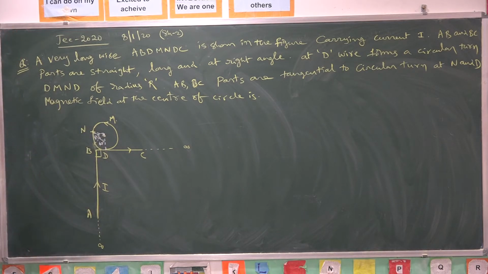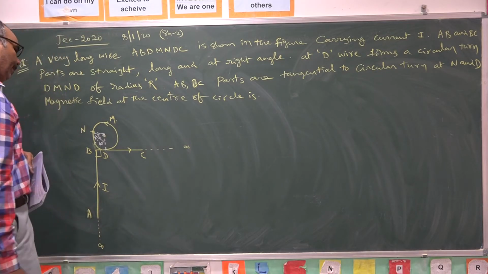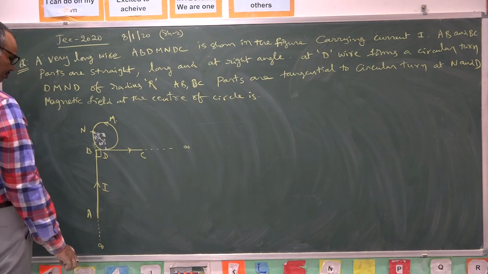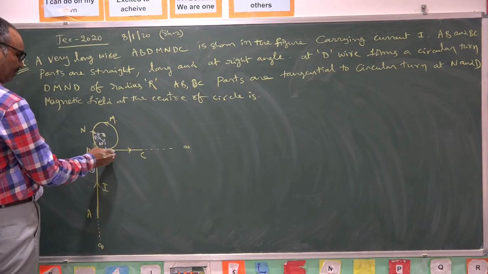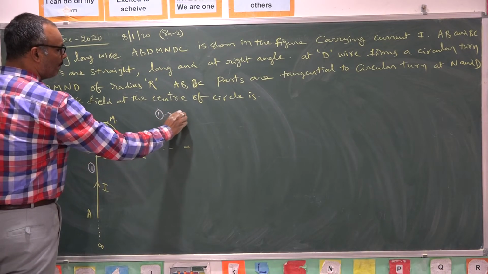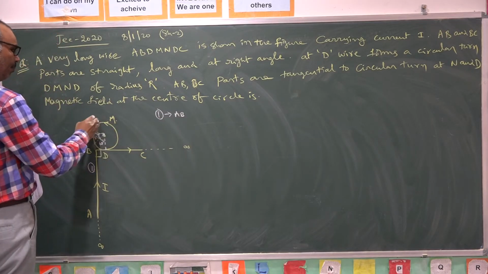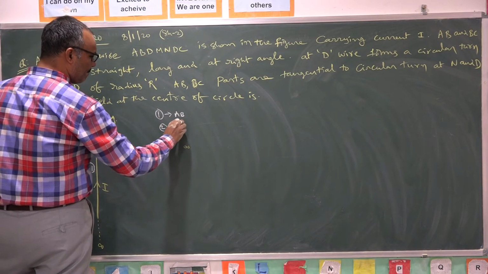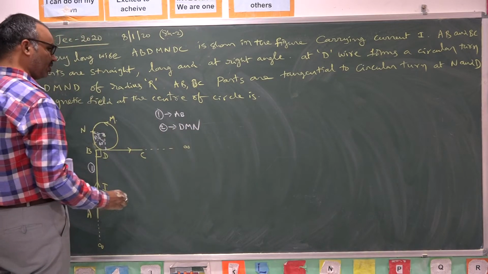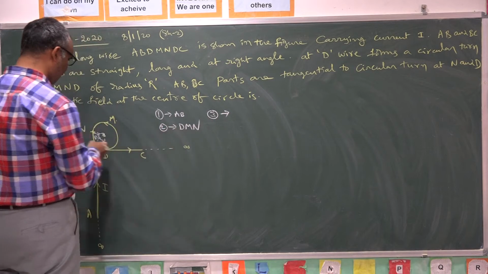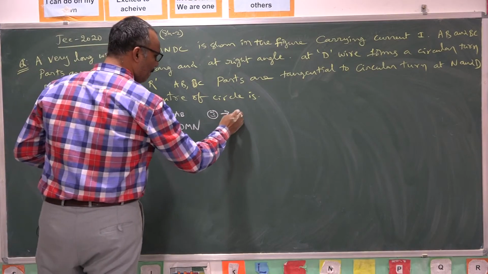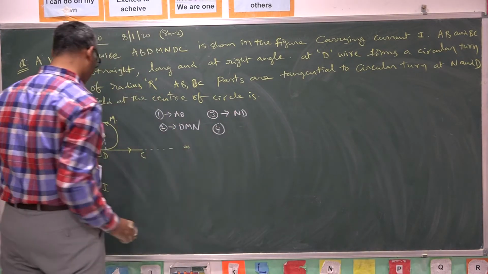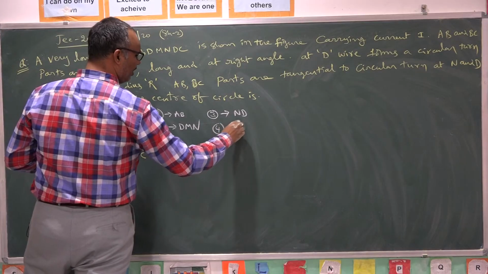Clearly, the first portion of the conductor is AB. Second portion DMN. Third portion ND. Fourth portion DC.